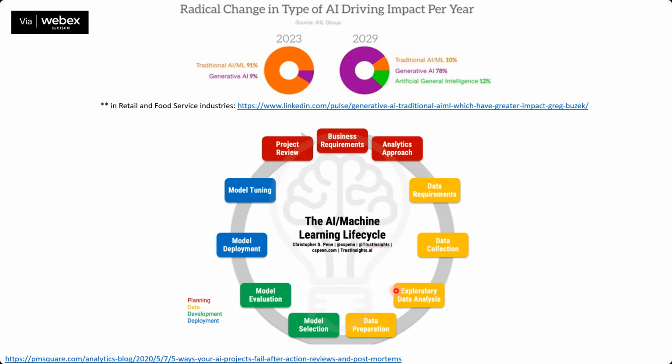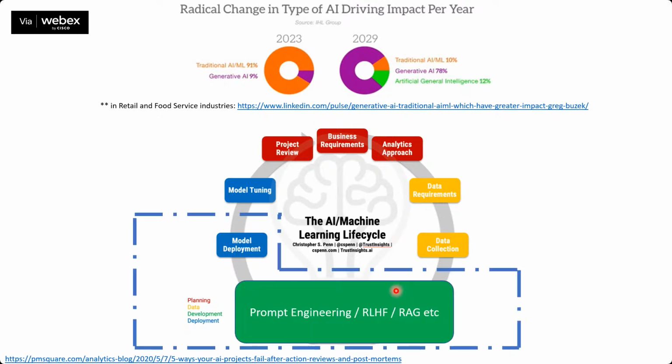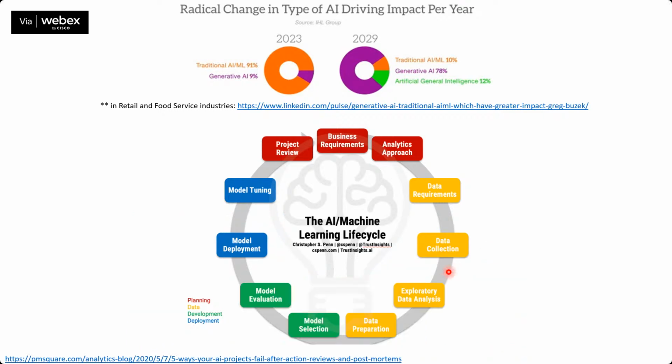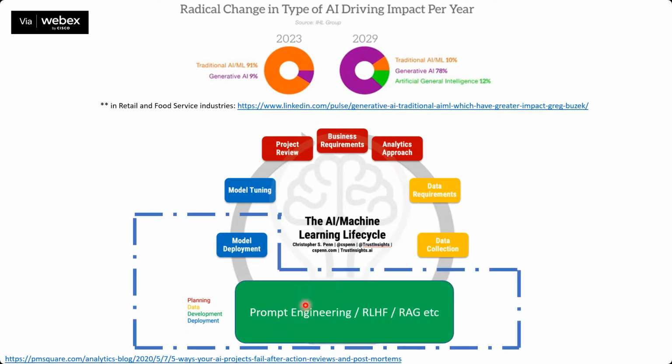So why has generative AI, ChatGPT and all these, created such a buzz? Because in the case of generative AI, that entire data analysis, preparation, model selection, evaluation, etc., is taken care of for you, because you have something like a ChatGPT or a Llama model available to you on day one.